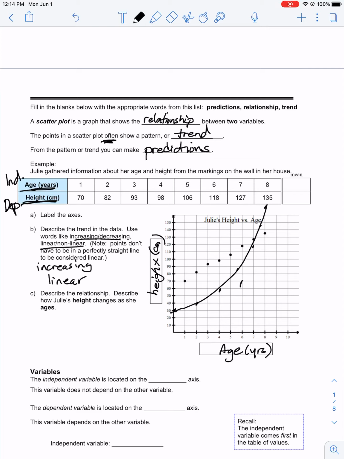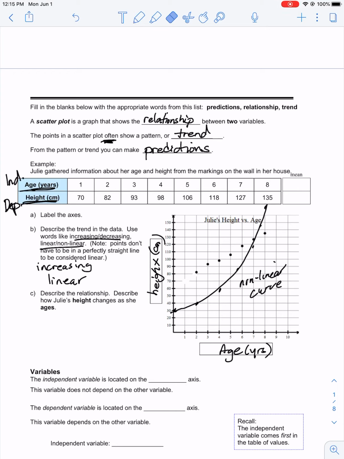That would be a non-linear trend. Not all points have to show a linear trend. They also don't have to be on a perfect curve. So you get a curve with non-linear trends, but they definitely show that it's not linear.